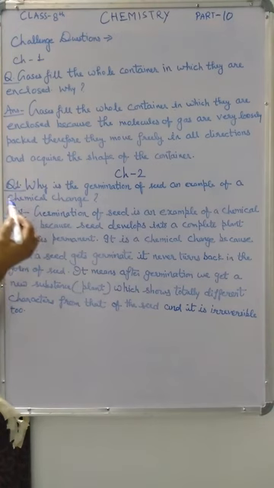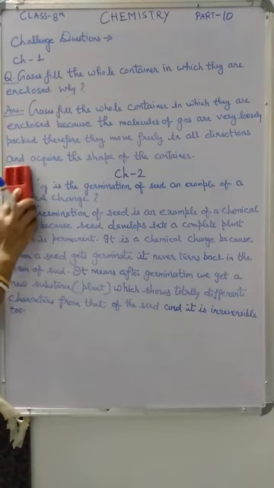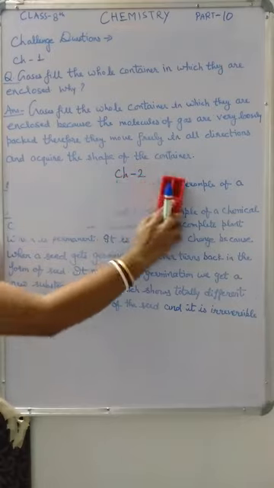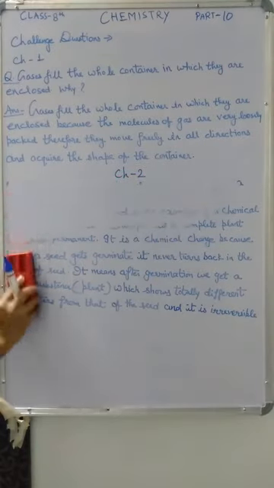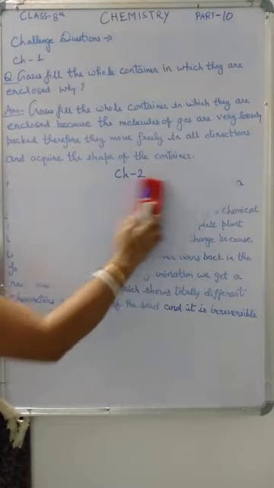Now in chapter 2, one more question is there. I am just writing the answer. Question, you write from the book. Here I am writing answer number 2. Your question is, the gas cylinder we use at home has LPG in the form of a liquid. However, when you switch on a stove, it first converts to gas which burns.